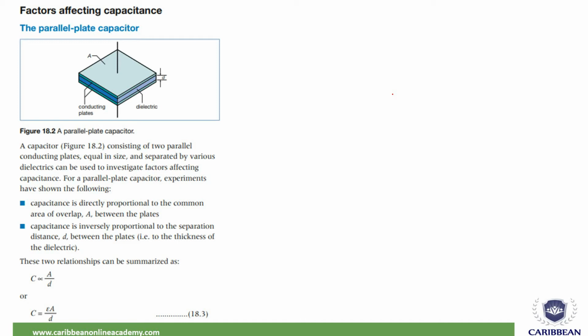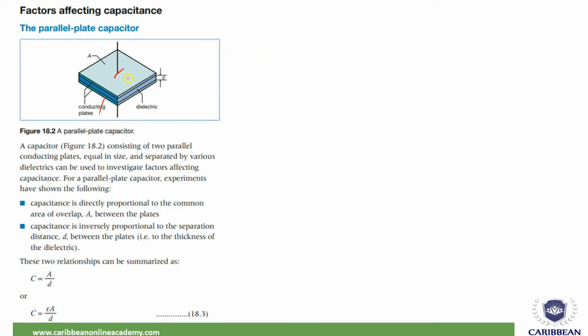Now, experiment has also shown to us that the capacitance of a capacitor is directly proportional to the area of the plate. So here we have a capacitor, right? You have different types of capacitors, but for this now, we're dealing with parallel plate capacitors. So with a capacitor, you have two plates. You have a top plate and you have a bottom plate.